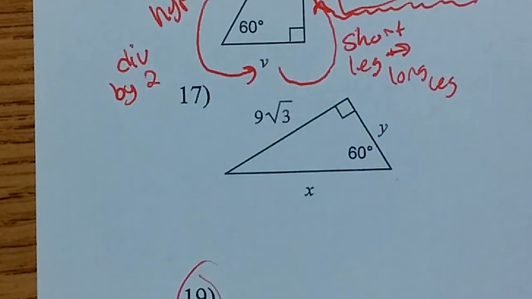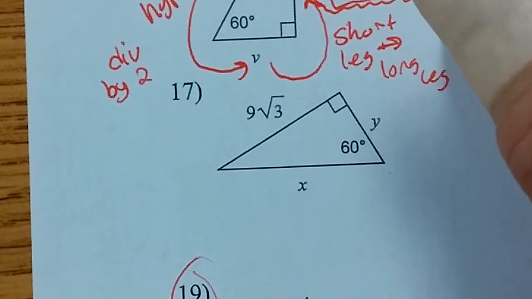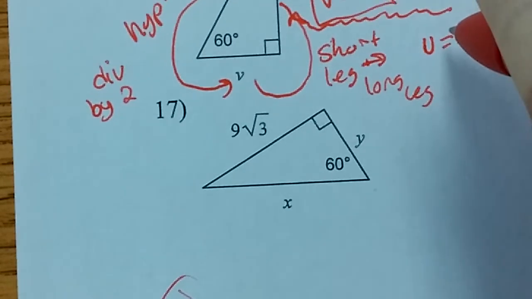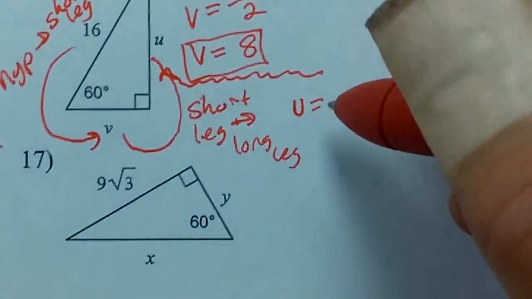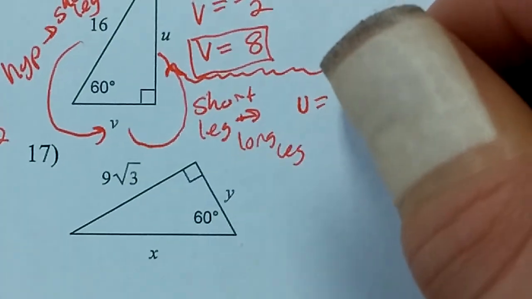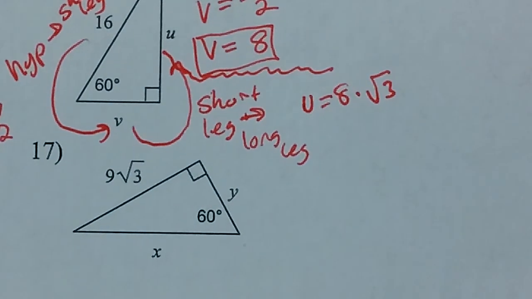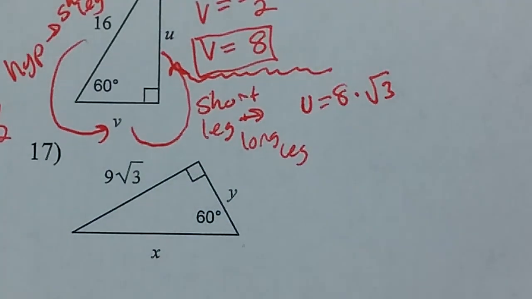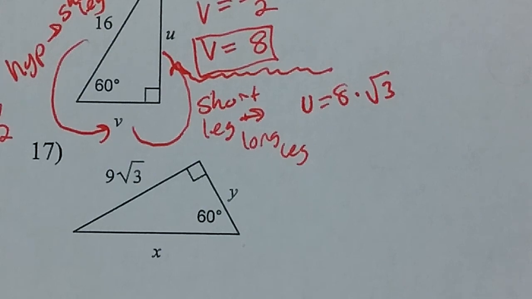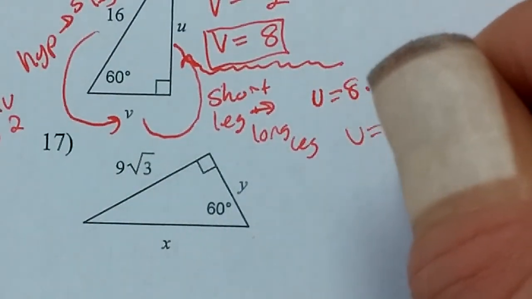So you're going to take your short leg and multiply it by root 3. So U equals the short leg, which is 8, times root 3. Now, since you can't simplify the radical root 3 and you can't multiply 3 times 8 because one is inside the radical and one is outside, you're going to leave it as 8 root 3.